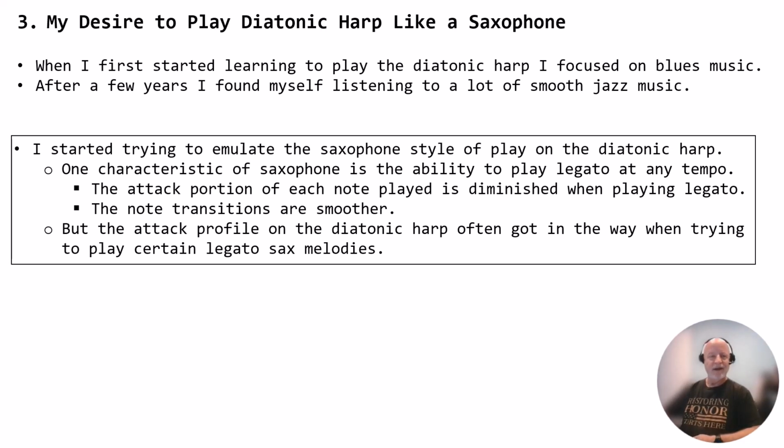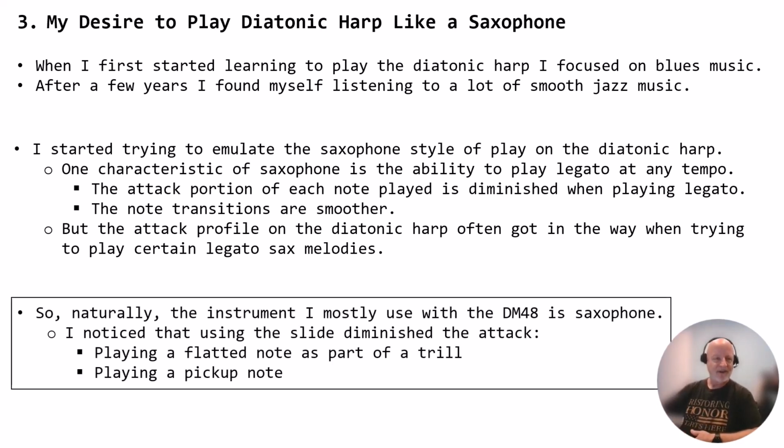But the attack profile on a diatonic harmonica often got in the way when trying to play certain sax melodies with a lot of legato elements, because you're blowing and drawing, and when you change from blow to draw, the note will have a higher attack. You'll hear more of an attack. That's one of those things you have to deal with.